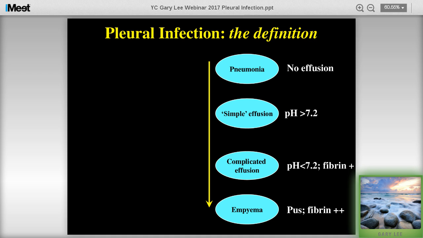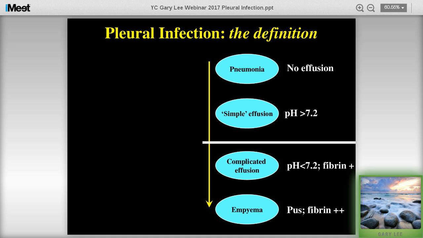About 10% of these simple parapneumonic effusions will get secondarily infected, and they are called complicated parapneumonic effusions. They are acidic in pH, and often there's a lot of fibrin and septation. And at the extreme end of those is the empyema, which is frank pus. If you look at the literature in the last few years, the term pleural infection is used in all the large clinical trials.